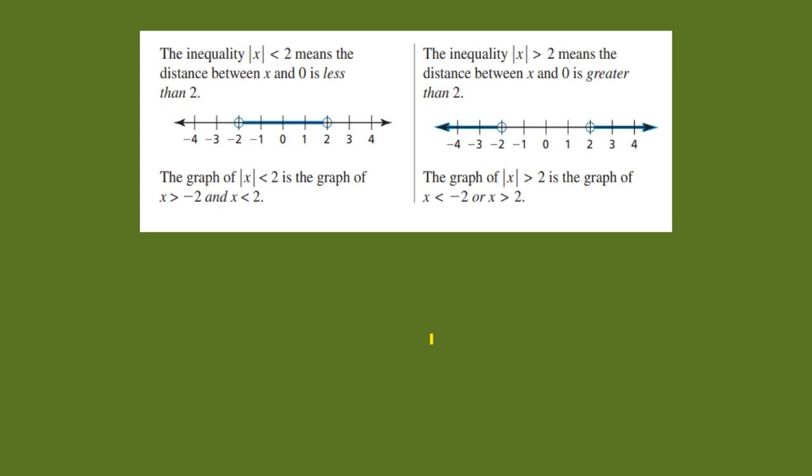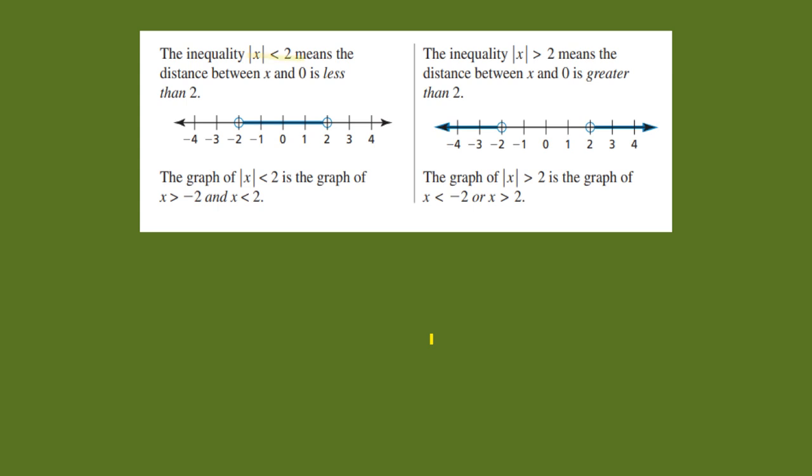Okay, let's go. This is where it gets fun, and I need everyone to please pay attention. The inequality absolute value of x less than 2 means the distance between x and 0 is less than 2. Does that make sense?